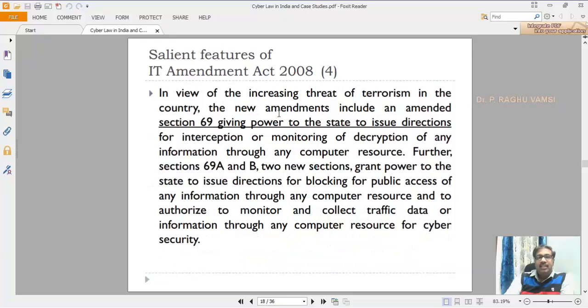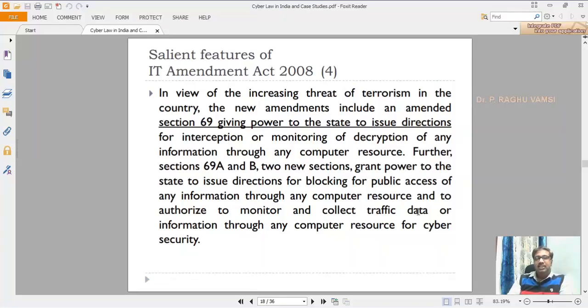Next one is, in view of the increasing threat of terrorism in the country, the new amendments include an amendment to Section 69, giving power to the states to issue directions for interception, monitoring, and decryption of any information through any computer resource.